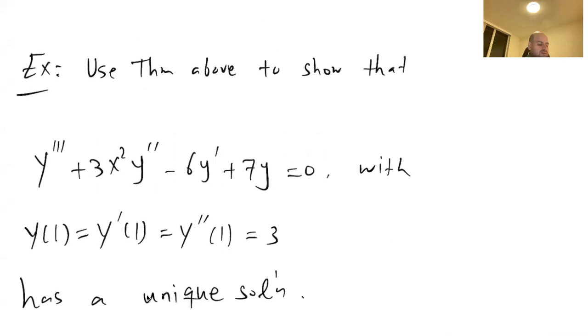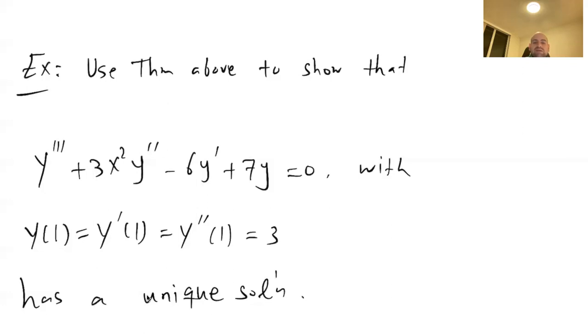See, before this theorem, we were not able to prove existence and uniqueness of the solution for this type of equation, because in the first chapter, we only learned the existence and uniqueness condition for first order ODEs. Here we have a third order ODE.